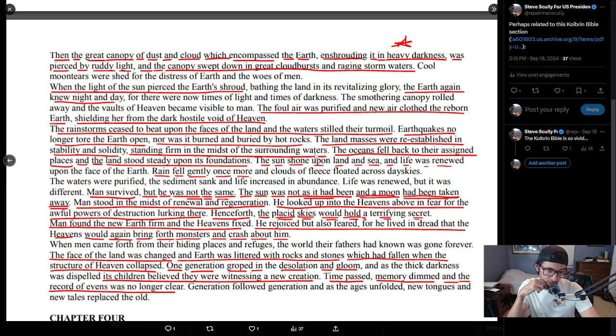Time passed, memory dimmed, and the record of events was no longer clear. Generation following generation, and as the ages unfolded, new tongues and new tales replaced the old. Whoa.